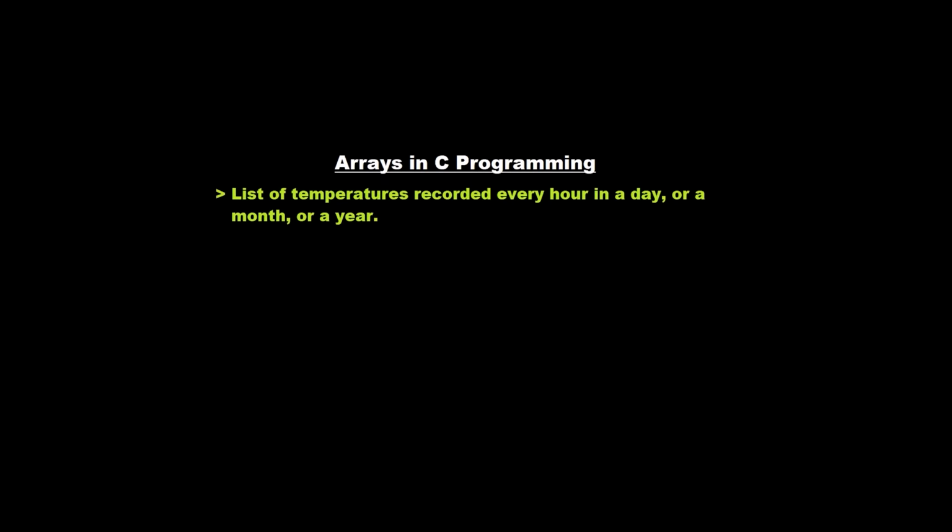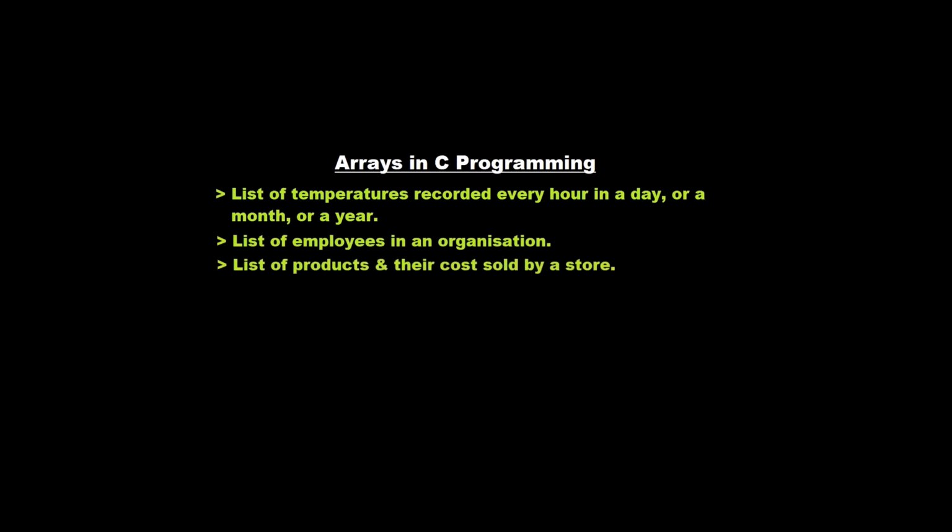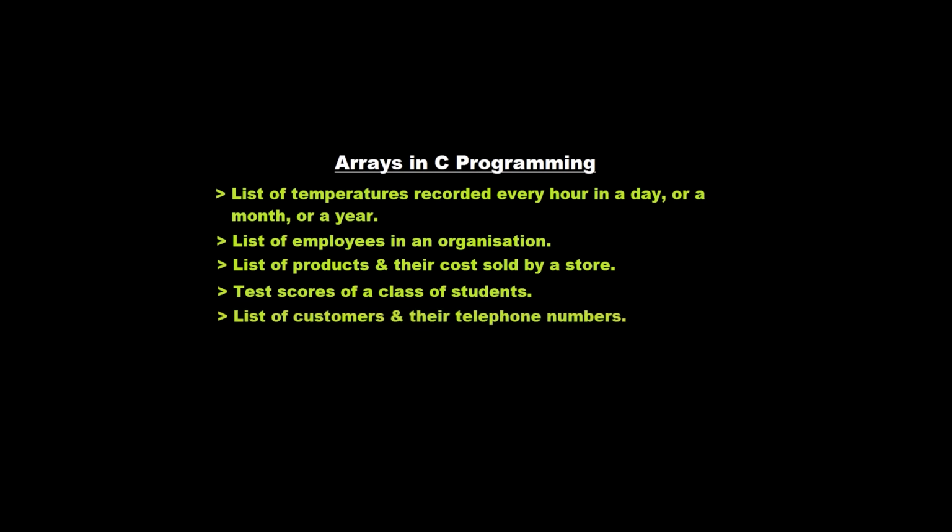List of temperatures recorded every hour in a day or a month or a year. List of employees in an organization. List of products and their cost sold by a store. Test scores of a class of students. List of customers and their telephone numbers. Or else table of daily rainfall data and so on.